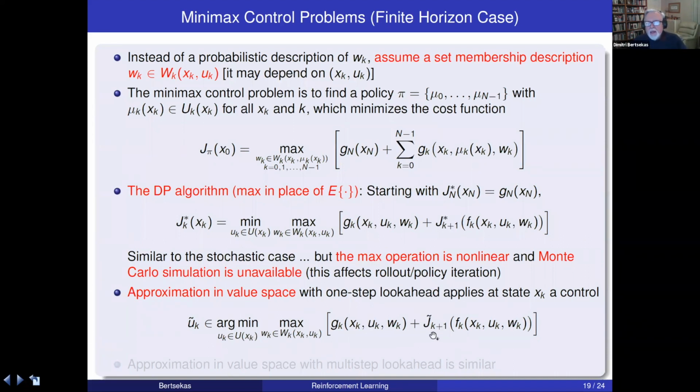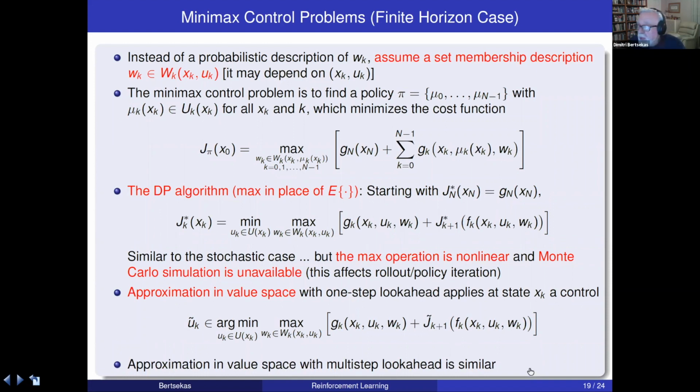So this is like the optimal policy generation, except that we use J tilde instead of J star. And we can view this as offline training. And we can view this as online play, calculating suboptimal controls online by using J tilde approximations. And this is one step lookahead. It's also possible to do approximation in value space with multi-step lookahead. And let me get to that.